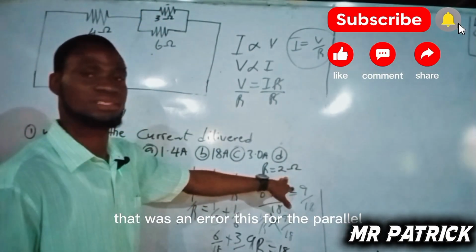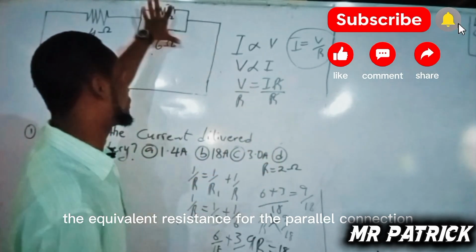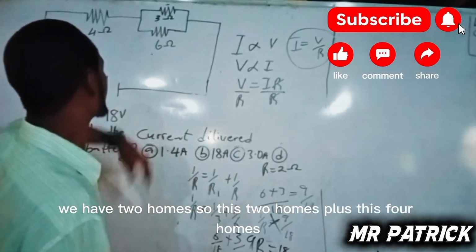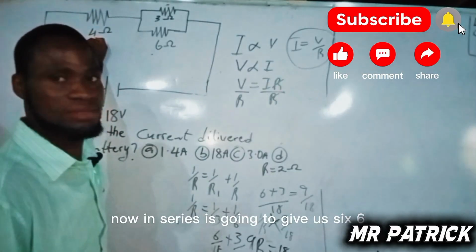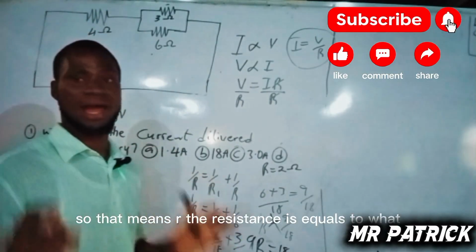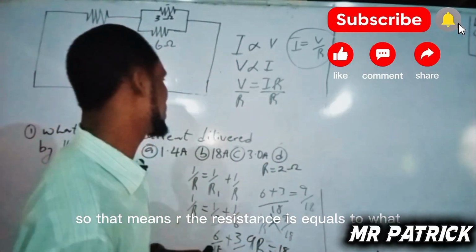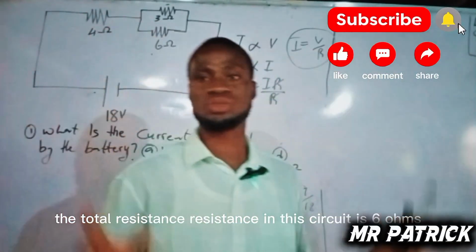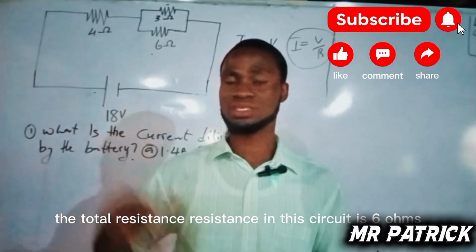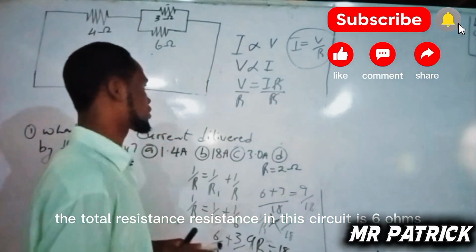This 2 ohms is the equivalent resistance for the parallel connection. So these 2 ohms plus these 4 ohms now in series is going to give us 6. So that means R, the total resistance in this circuit, is 6 ohms.